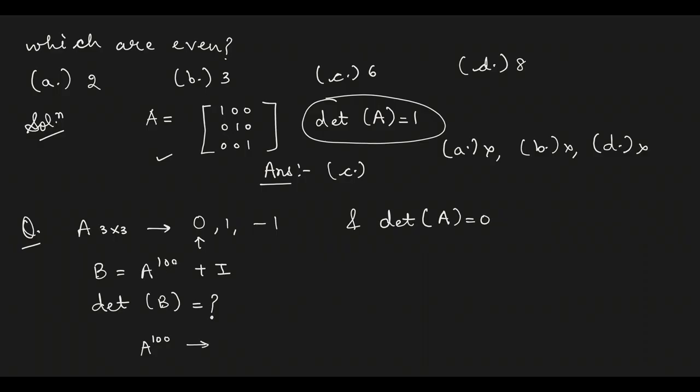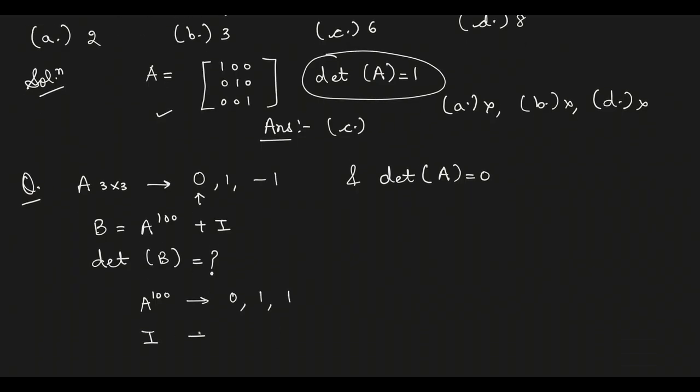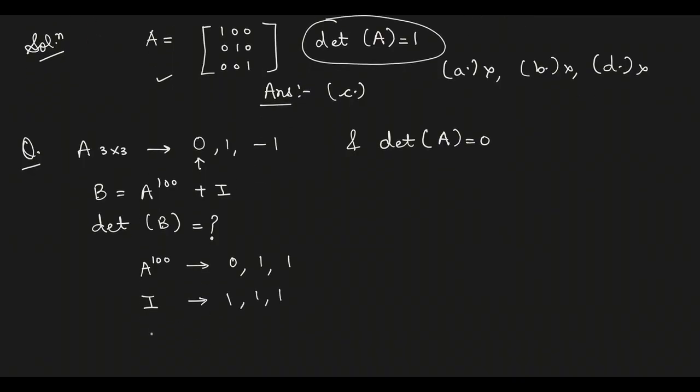Eigenvalues for A to the power 100 will be 0, 1 and 1. And eigenvalues for identity will be 1, 1, 1. And add them. So eigenvalues of B will be 1, 2, 2. The determinant is the product of all the eigenvalues. So 4.